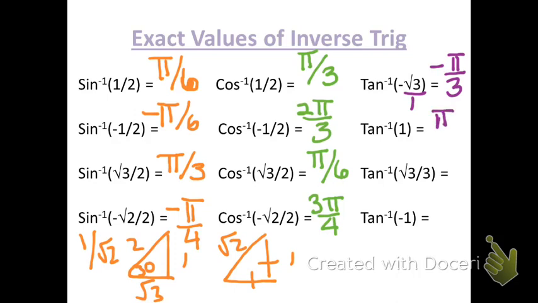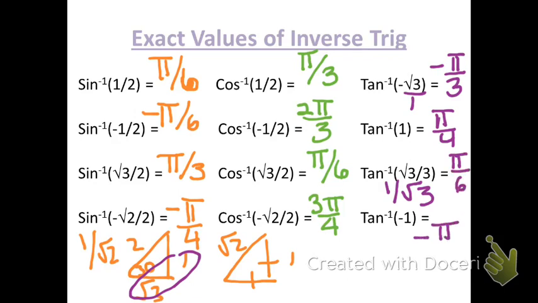So that's just straight pi over 4 because it's positive. Inverse tan rad 3 over 3, remember that's the same thing as 1 over rad 3, so opposite over adjacent, 1 over rad 3. That is going to go with a 30-degree, so that will be pi over 6. And lastly, we have the negative 1, which gives me negative pi over 4.